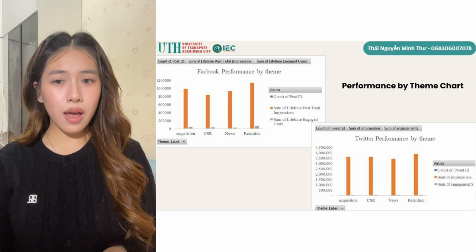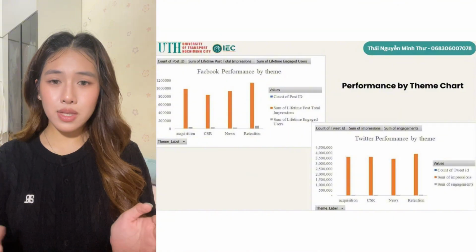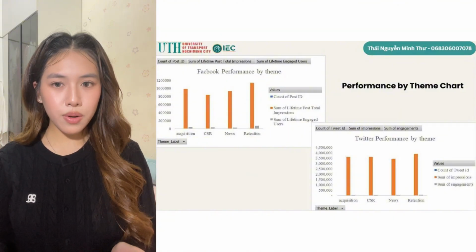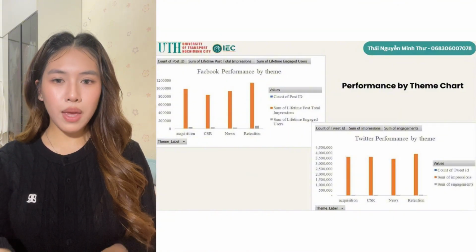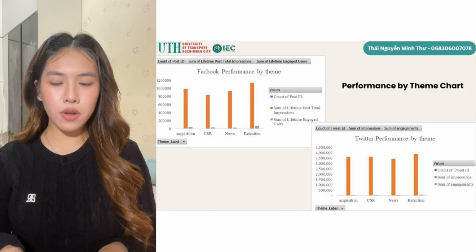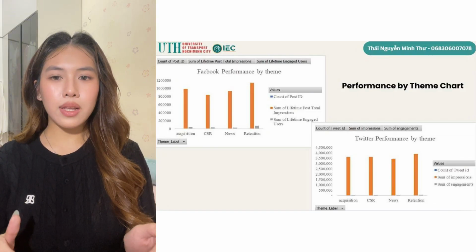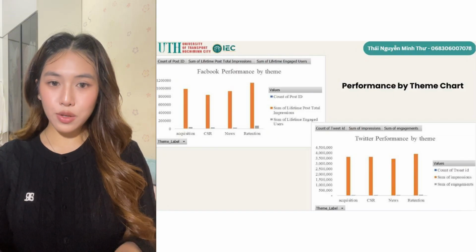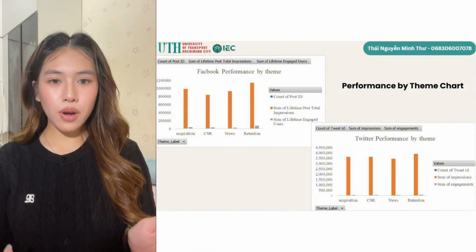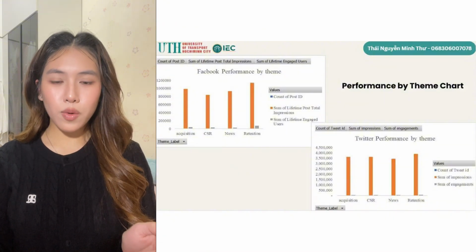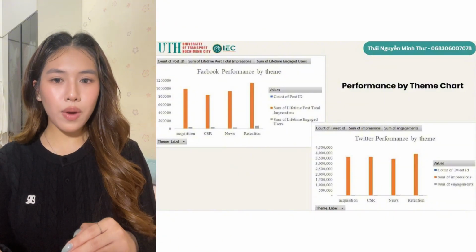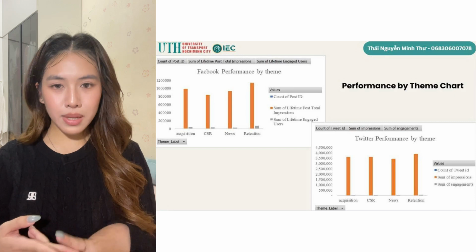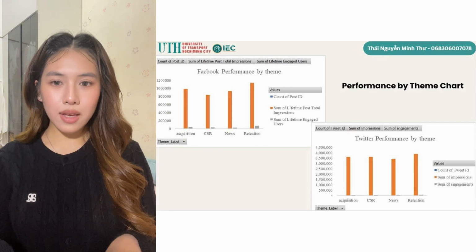Impressions tell us how many times the content was shown to users. They measure the ability of the content to reach an audience. Engagement, on the other hand, measures how users react to the content through actions such as like, comment, share, or click.